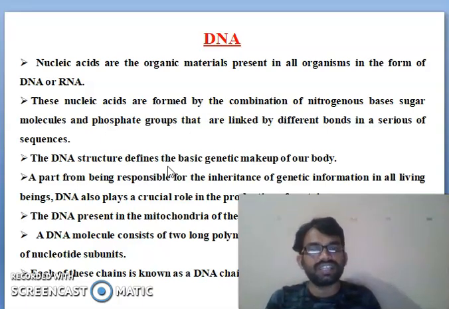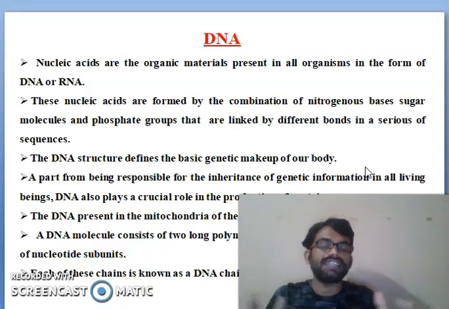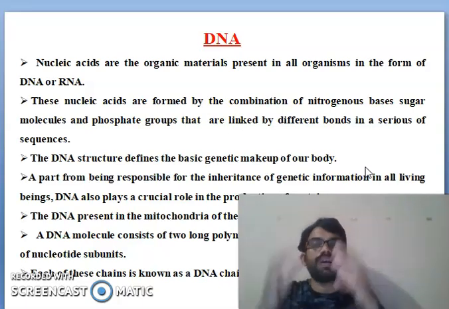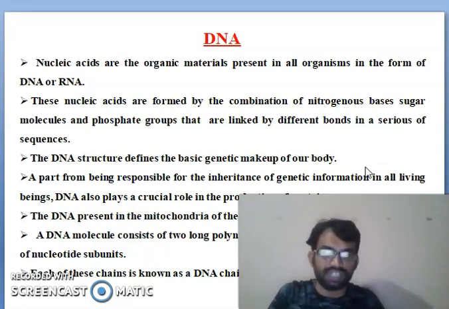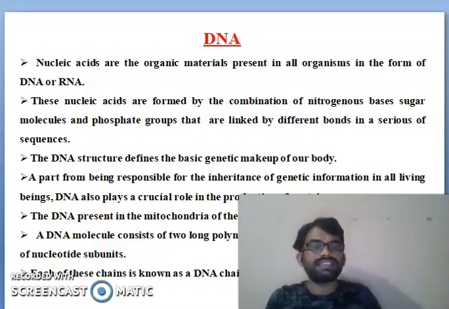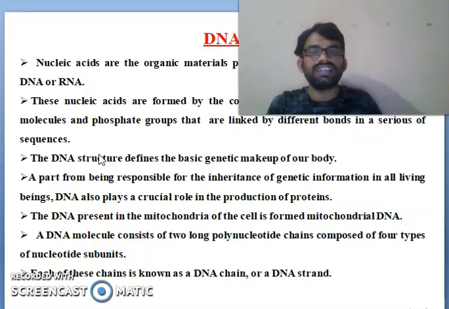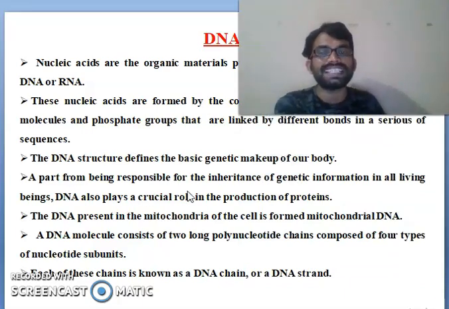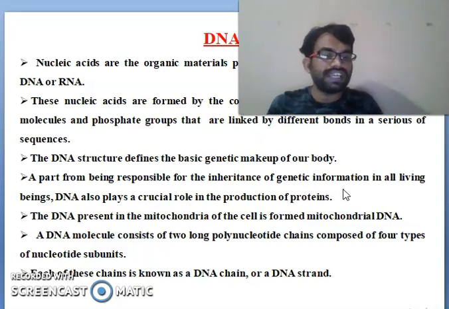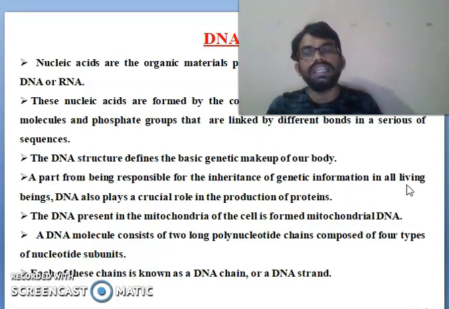The DNA structure defines the basic genetic makeup of our body. DNA's main function is to carry genetic information from one generation to another. It is responsible for the inheritance of genetic information in all living beings.